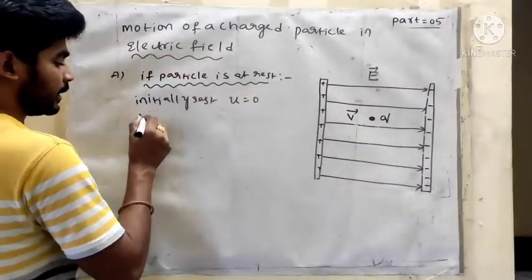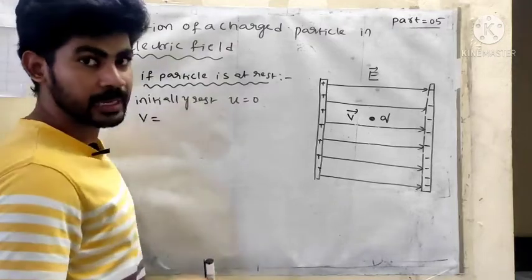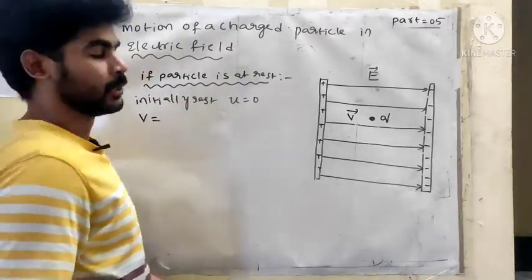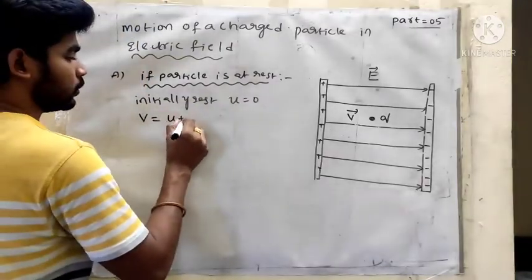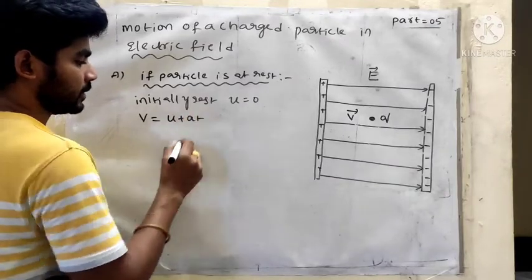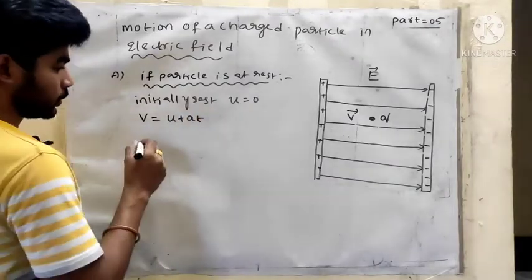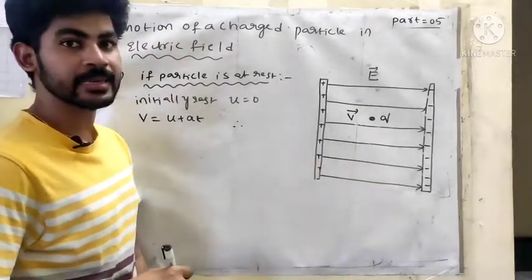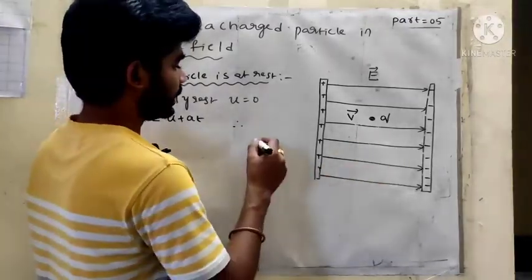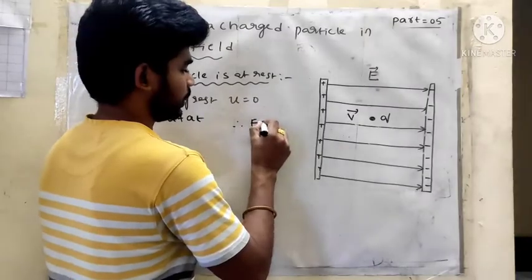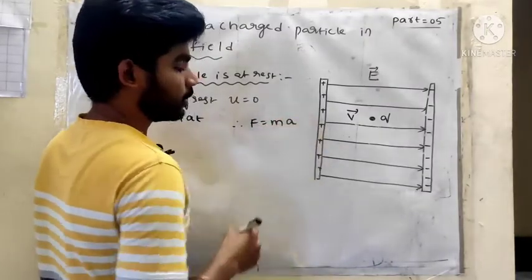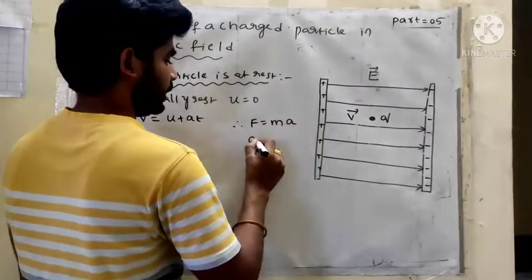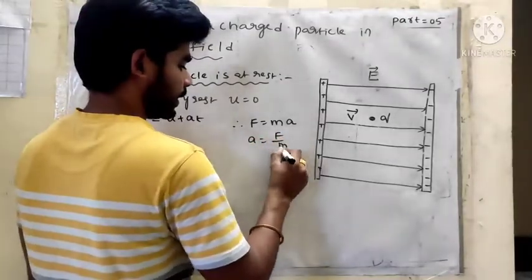How can we calculate it? You can use kinematic relations: v is equal to u plus at. This charged particle gains some force. How do we calculate that force? The general formula is F is equal to ma, so a is equal to F by m.